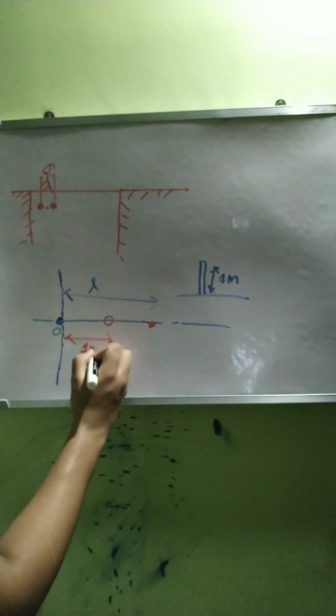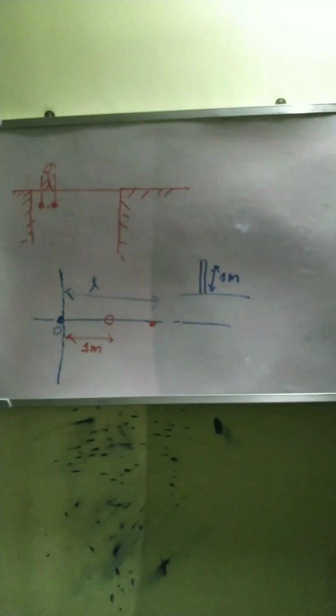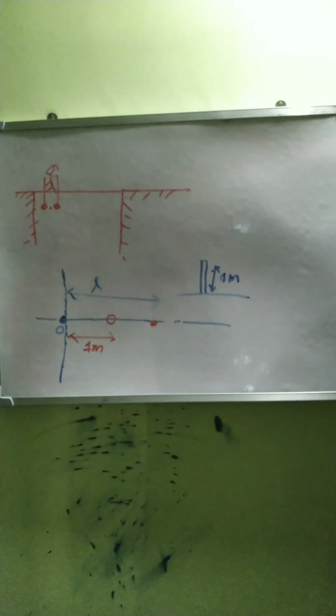That means I have got the position of center of mass, as I have taken a coordinate axis. So it is present at a distance of 1 meter from the center of mass of the man, and the center of mass of the man is located at the origin. So the coordinate of this center of mass of the whole system would be 1, 0, right? 1 is x and 0 is y.